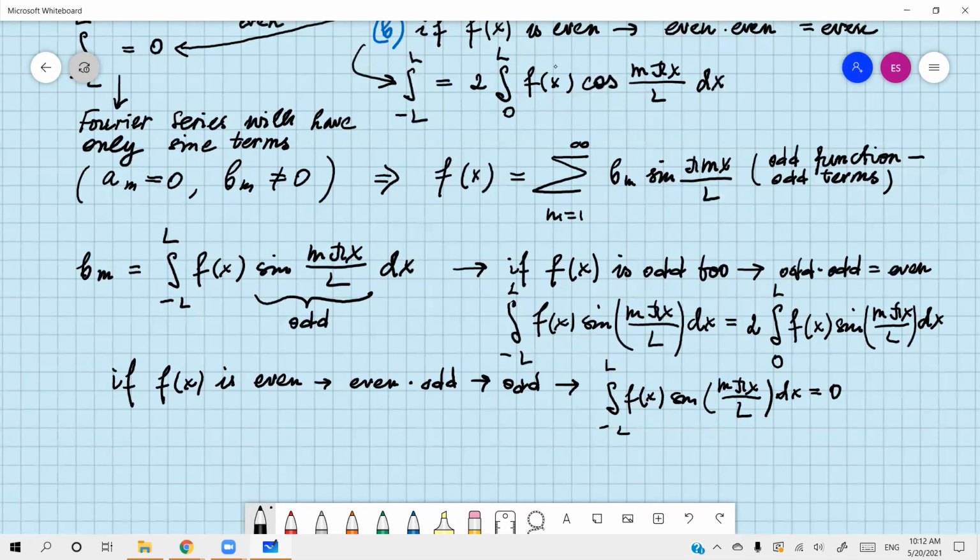Which means that if f of x is even, then the sine terms are all going to be equal to 0. We will have only cosine terms.